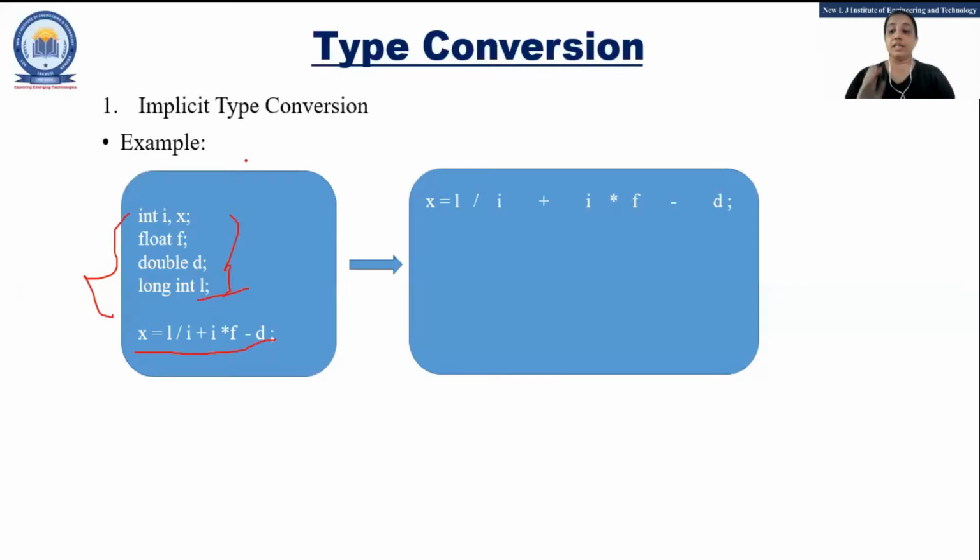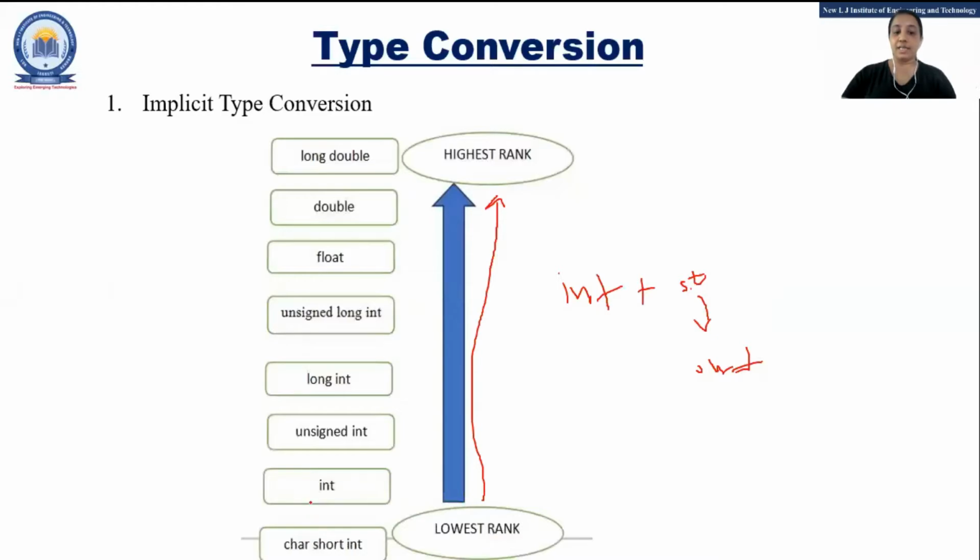The compiler will take a decision. So this is called implicit conversion. One is an integer and second is long integer, so long integer has the highest rank as compared to the integer. Obviously that will be converted into long integer. Clear concept? The compiler will do this task.